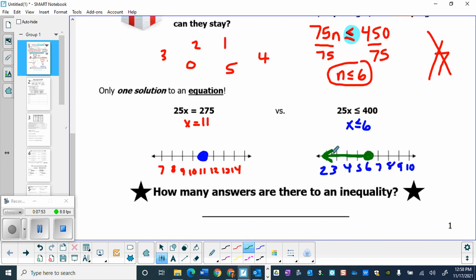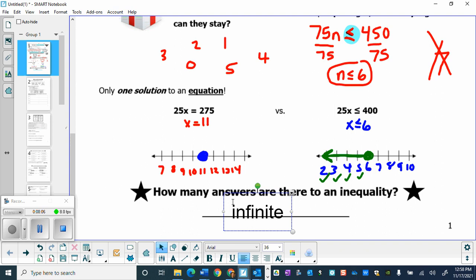When we have these graphed on a number line, it shows that there's lots of possible answers. So how many solutions or answers do we really have to an inequality? We actually have an infinite amount. As long as it's less than 6, it would be acceptable for this problem. Here though, back in our equations unit, we always only had just one answer.